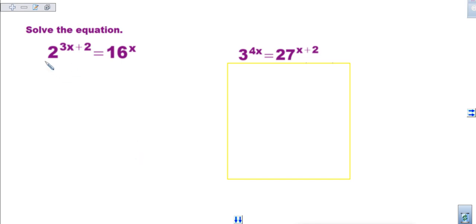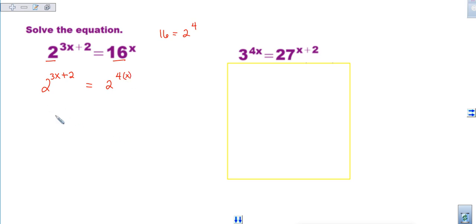Okay, so we have a base 2 and a base 16. So we're going to try to write 16 as base 2. And so 16 is the same thing as 2 to the 4th power. Okay? So we're going to rewrite this as 2 to the 3x plus 2 equals 2 to the 4 times x.